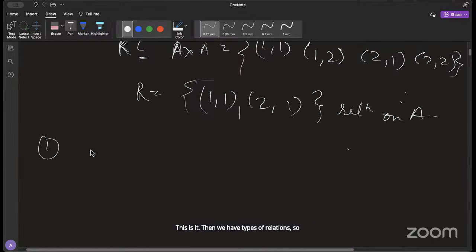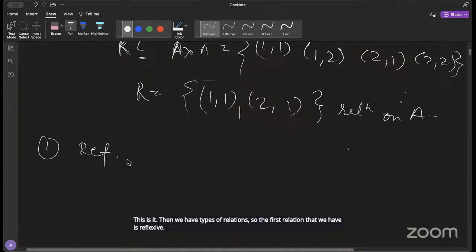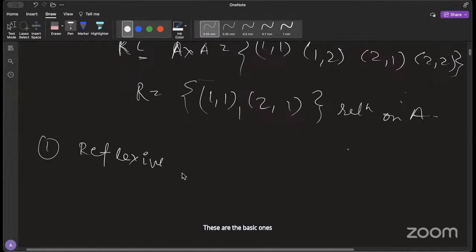Then we have types of relations. The first relation that we have is reflexive. These are the basic ones that you need to know. Reflexive is basically when you have, let's say, R defined on A, where A is the set.